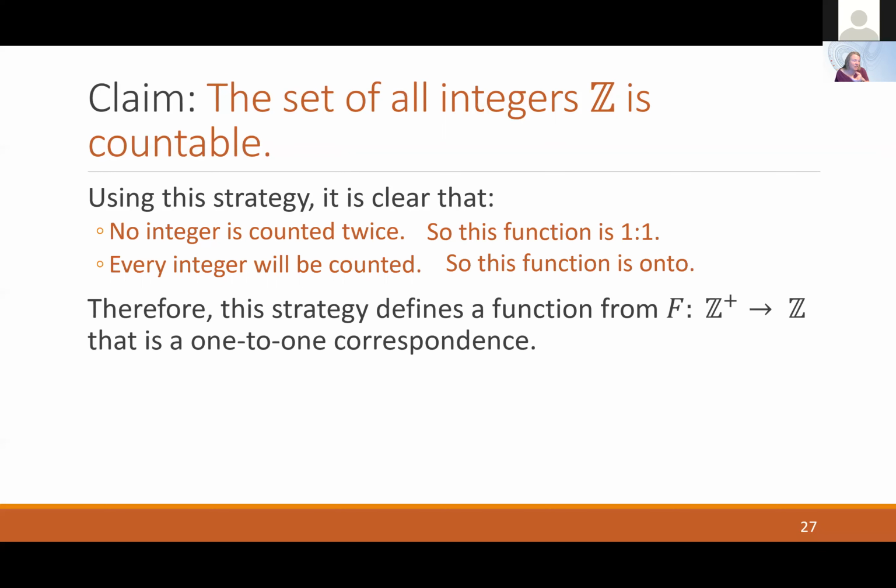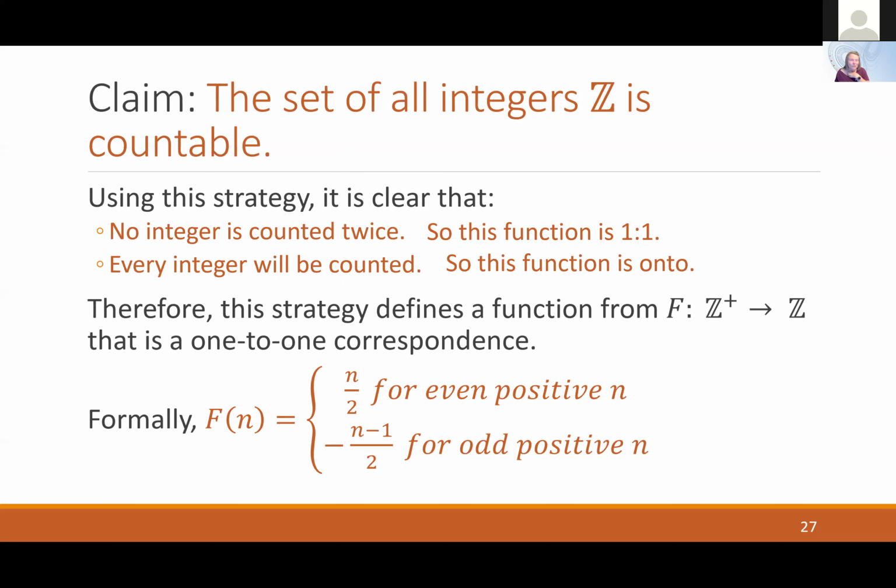So the strategy defines a function from the positive integers to Z that is a one-to-one correspondence. Now, there is an actual function. If you want to know it, you can download the PowerPoint from Canvas. I would not expect you to know that.